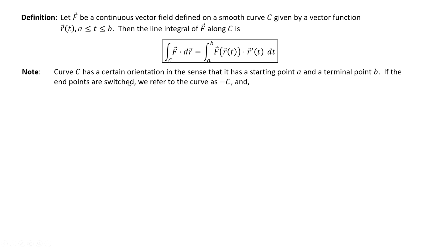Now, what if we were to switch the endpoints? If the endpoints are switched, we refer to the curve as negative C. What do you mean by a curve negative C? Well, it simply means if you thought of the orientation going from one point to another point as positive, then reversing the direction is considered to be a negative curve.